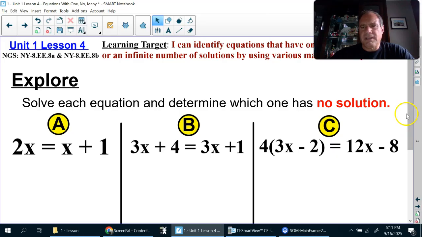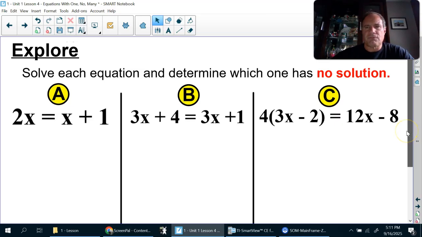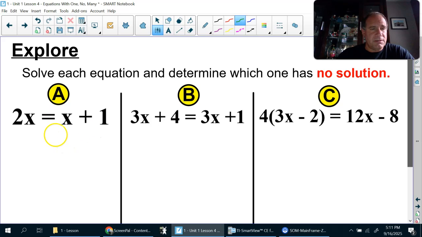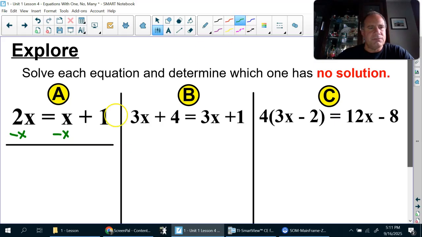So we're going to solve each equation and determine which one has no solution, but we're just going to roll through and see what type of solutions they have. But just remember, you have to get the x's together first. It's the first thing that you do, is get those x's together. So this is x equals 1.